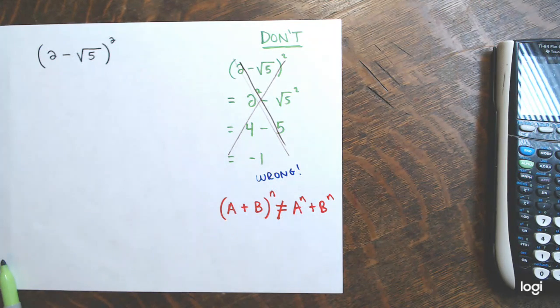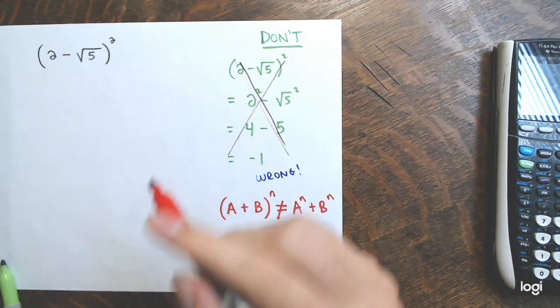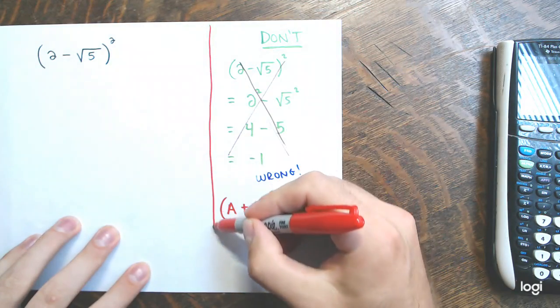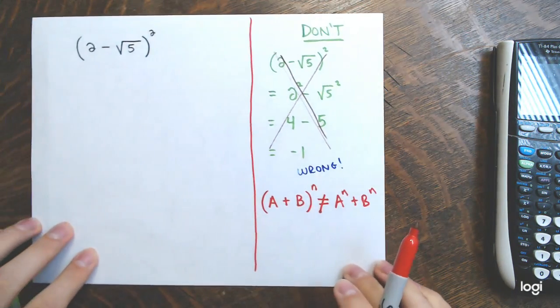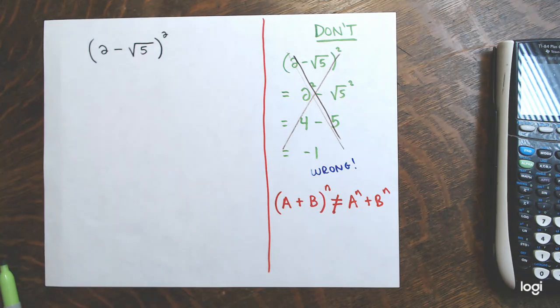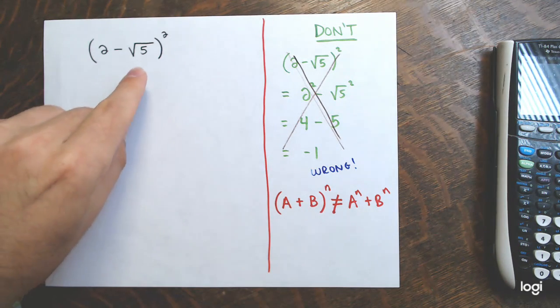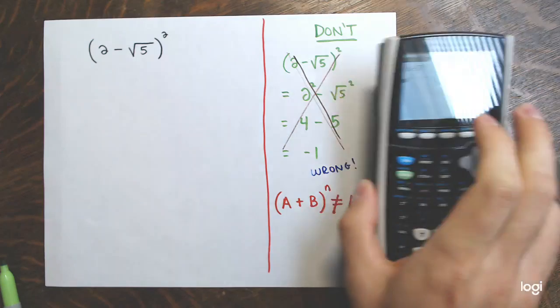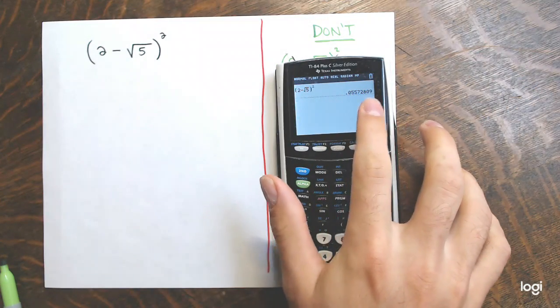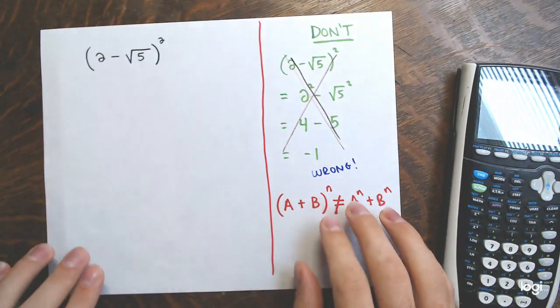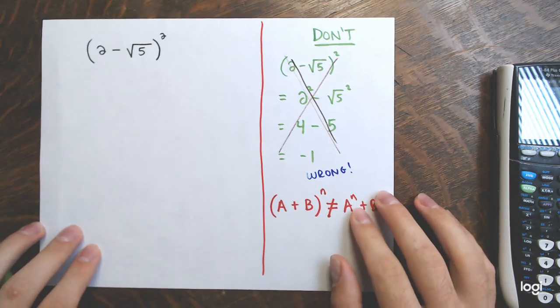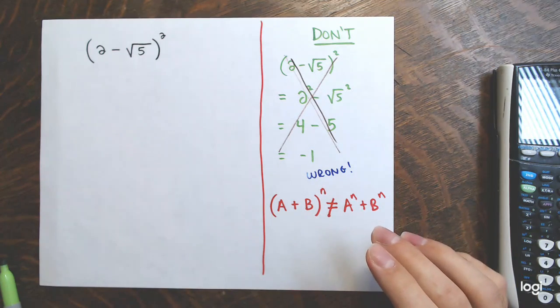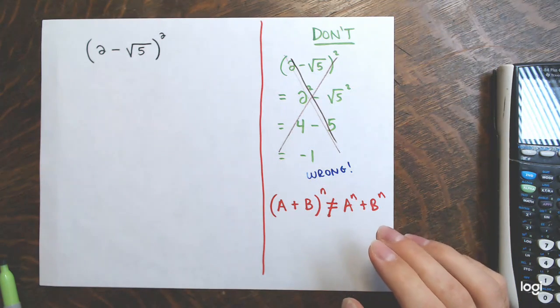Do not distribute exponents. I can't emphasize that enough. I see that mistake made way too often. So going back to this, what is this actually equal to? Well, we saw here it's this 0.0572809 thing. Let's see if I can multiply and simplify, get it written in a different way, and then double check.